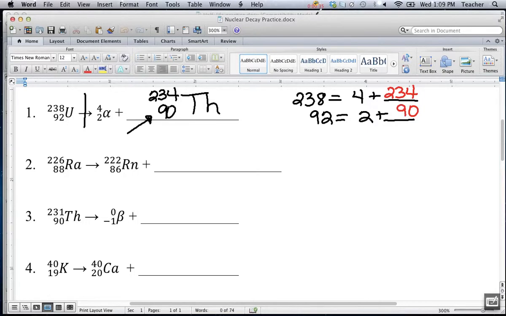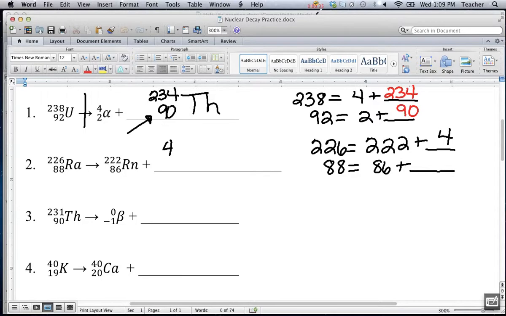Let's take a look at number 2. For my top number, I would have 226 is equal to 222 plus something. And again, that something, 222 plus 4, gives me 226. On the bottom, I would have 88 is equal to 86 plus something. In this case, that would be 2. I would put the 2 on the bottom.